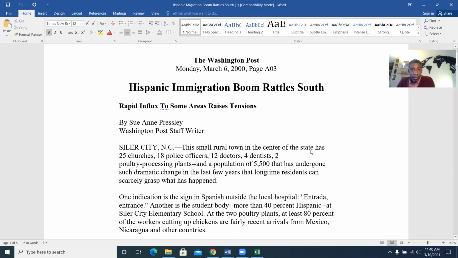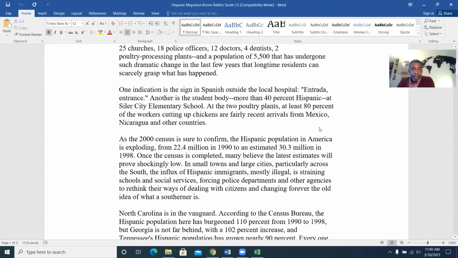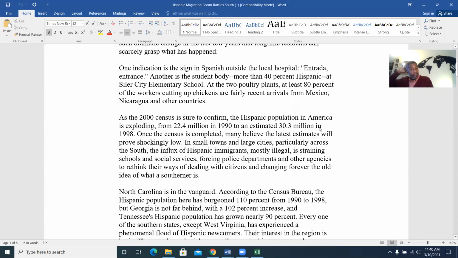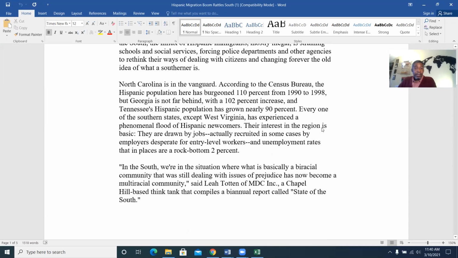And so this article mentions that, in fact, in Tennessee, the Latinx population grew nearly 90% between 1990 and 1998.